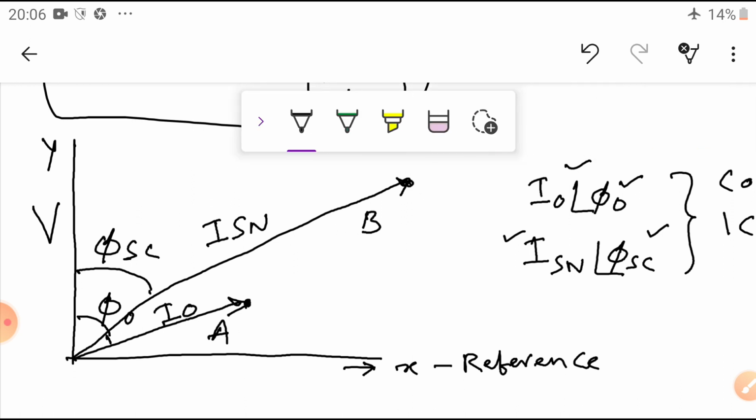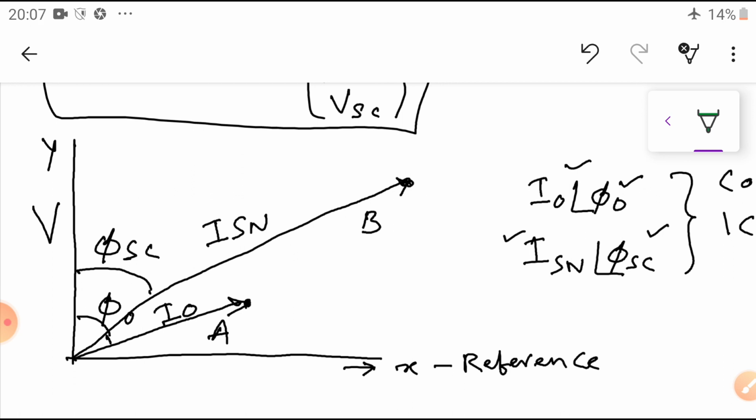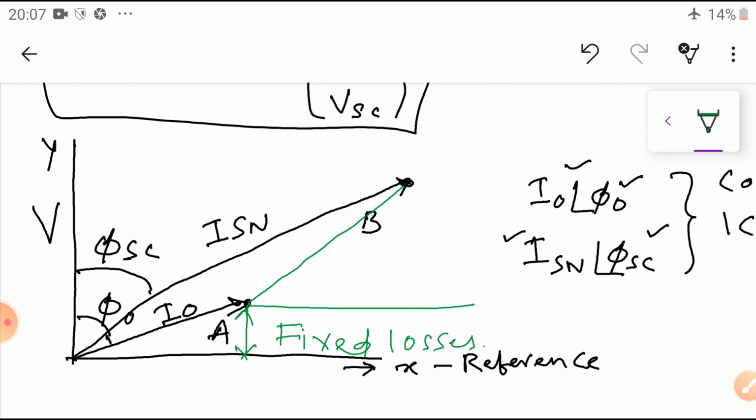Now the third step: join A and B. After that, draw a line from A parallel to the OA reference axis, the x axis. The vertical component indicates the fixed losses.